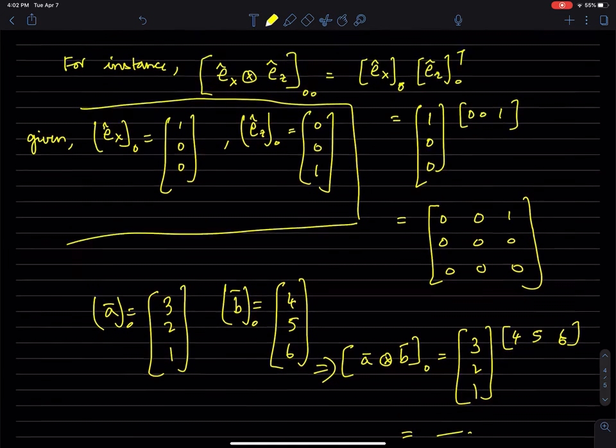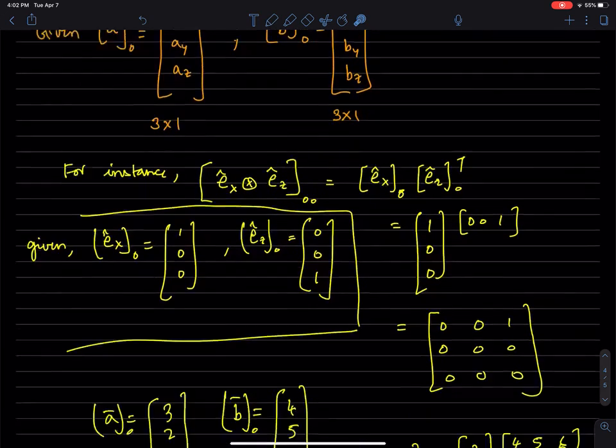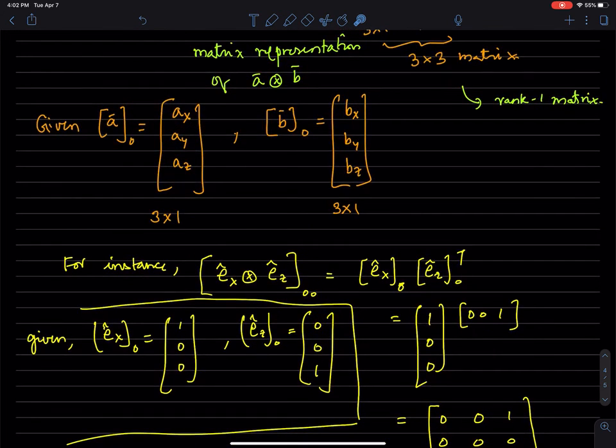Okay, so that's useful if you are ever needing to find the matrix representation of such dyads, given the vectors themselves in some coordinate frame.